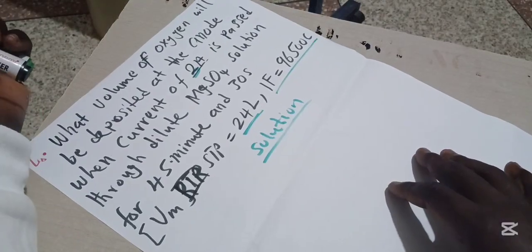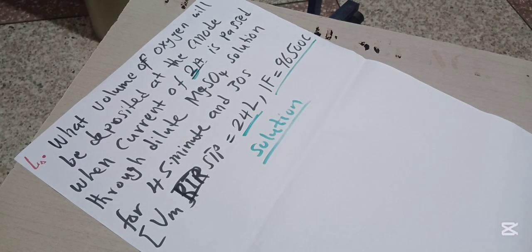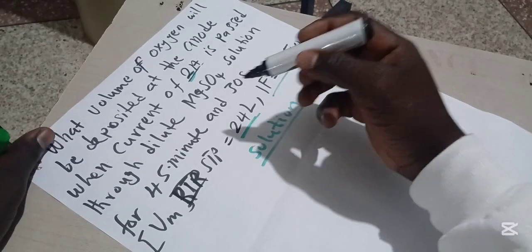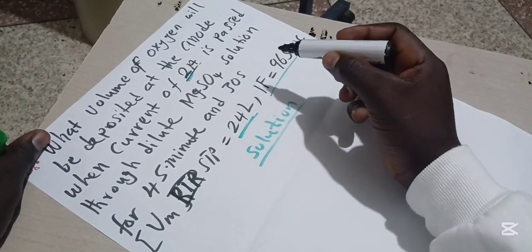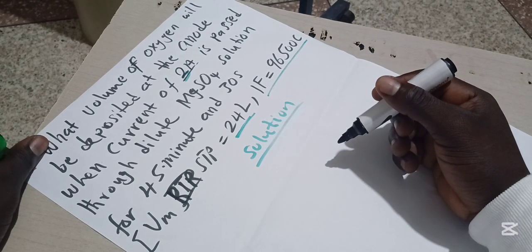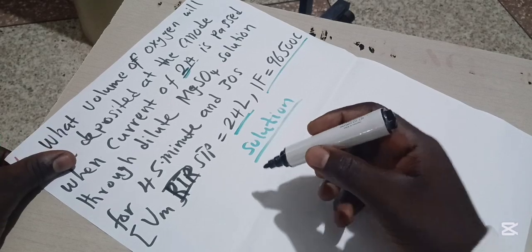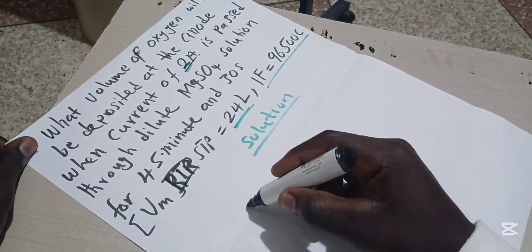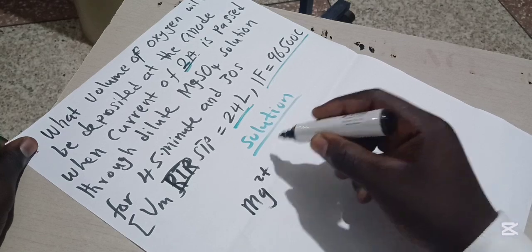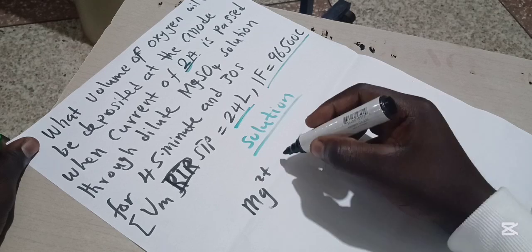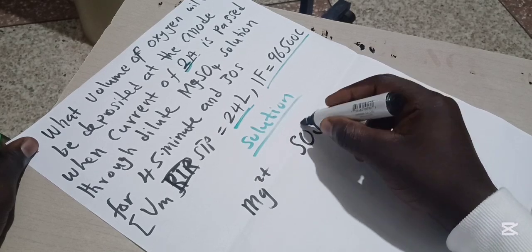How do we solve this problem? For acidified solution problems, first of all, we have to identify our ions in the solution. And we have MgSO4 in the solution. So among the ions that we are going to get in the solution are Mg2+, the composition of this compound, and SO4 2-.